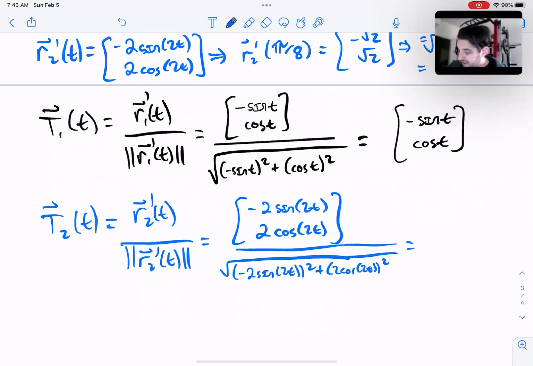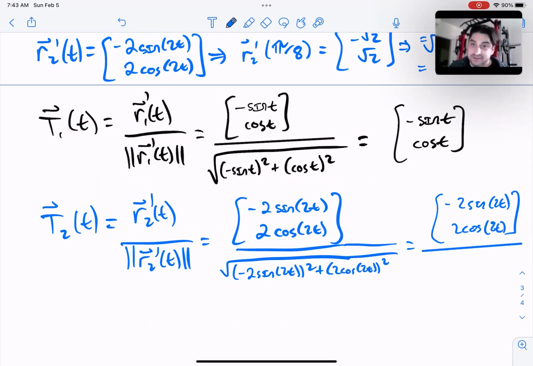And in this case, the velocity has double the magnitude, but that means the speed is twice as big too, right? So see now down here, I could factor out a 4. So I get 4 times sine squared plus cosine squared. And the sine squared plus cosine squared goes away. That's just 1. Square root of 4 is 2.